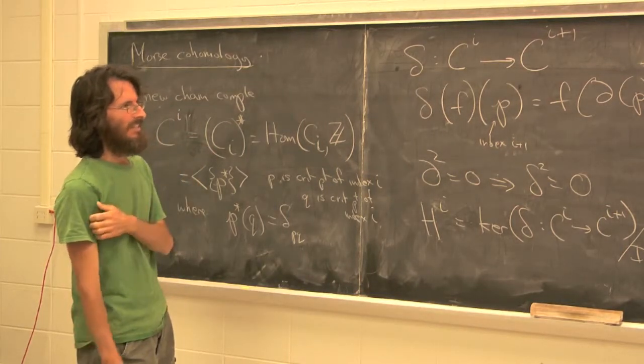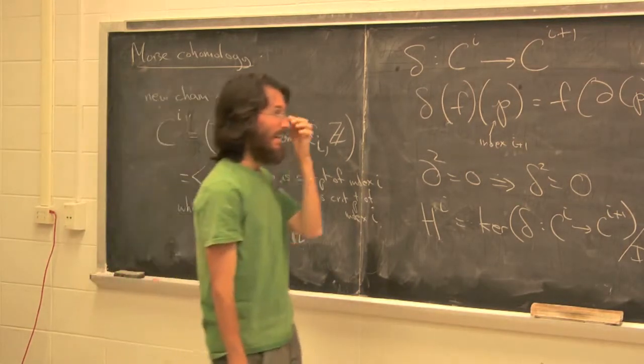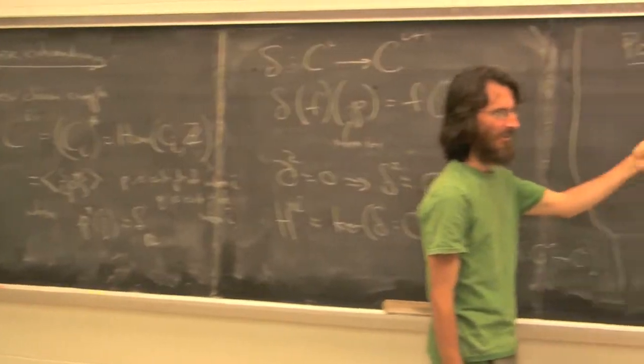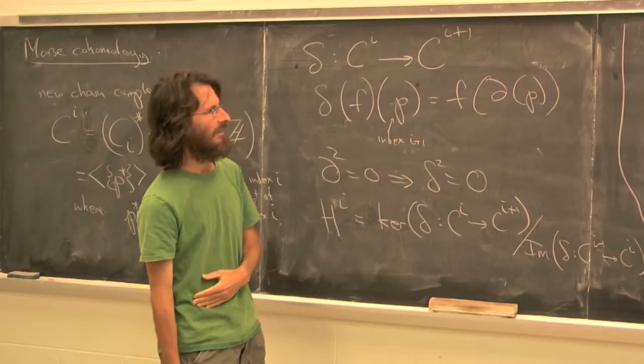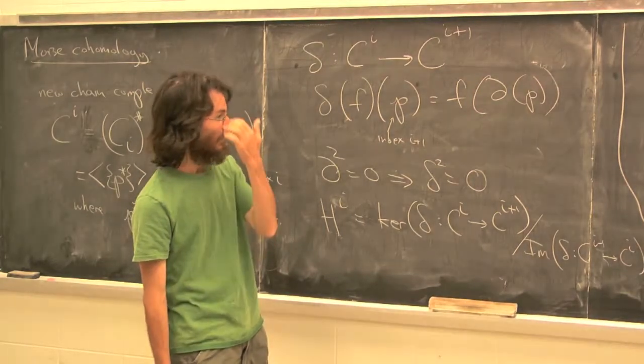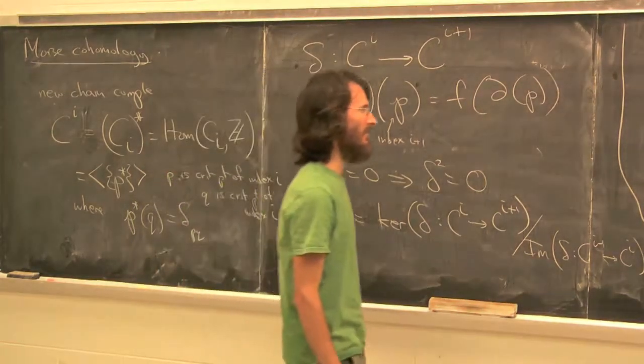It's natural in the sense that it commutes with maps induced by diffeomorphisms and so on, but let me just sort of state how this works.